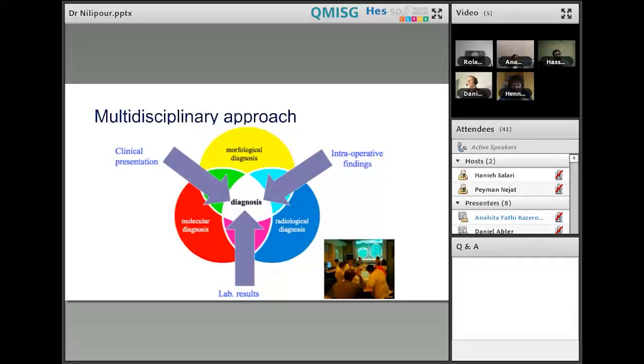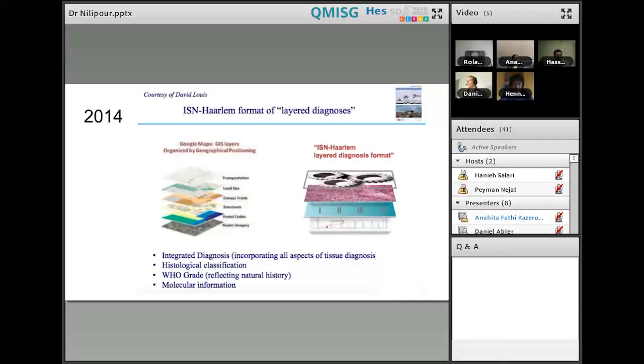So in the multidisciplinary approach that we have, next slide please, we use all the colleagues involved. We use the clinical presentation, the radiologic findings, molecular diagnosis, the neurosurgeon's findings during the surgery, and all these data together make the correct diagnosis.